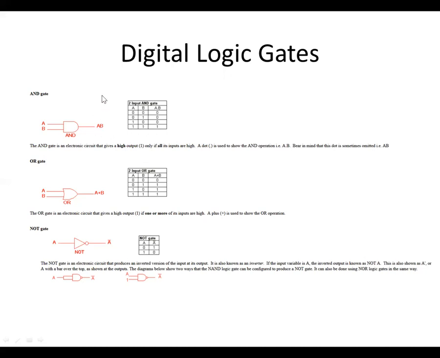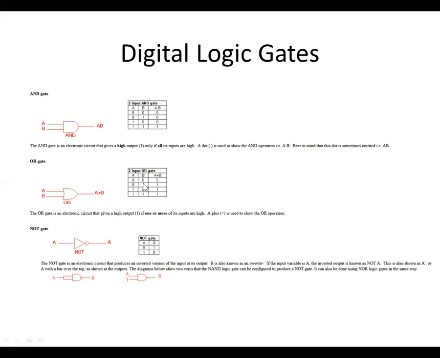Electrically or logically, this is the same as 2 switches in series. If you put 2 switches in series and connect it to a light bulb, both of the switches have to be closed in order to turn on the light bulb. And the OR gate is this symbol, and the output is A or B. And what that says is that if both inputs are 0, the outputs are 0.